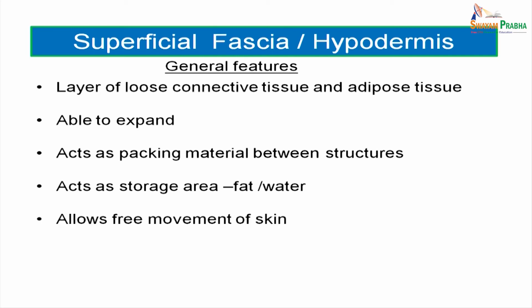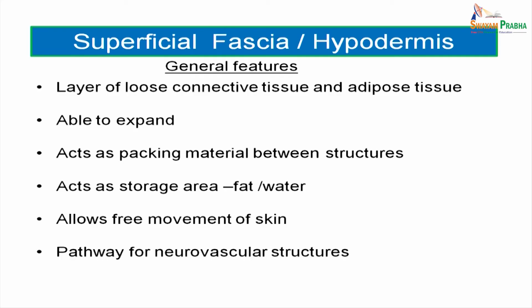It also allows for free movement of the skin from the underlying structures, and it serves as a pathway for the neurovascular structures. Also, it plays a vital role in thermoregulation depending on the amount of fat available in the tissue.